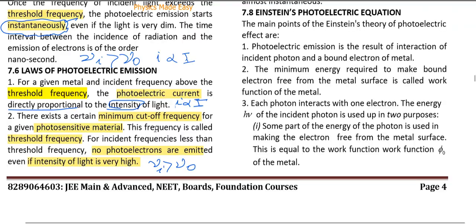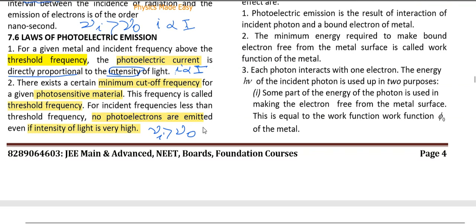So recapping: the condition is that the frequency of the incident radiation should be greater than the threshold frequency nu naught. If this condition is satisfied, then photoelectric current, represented by small i, is directly proportional to intensity, represented by capital I. So we have mathematically expressed the first law of photoelectric emission.